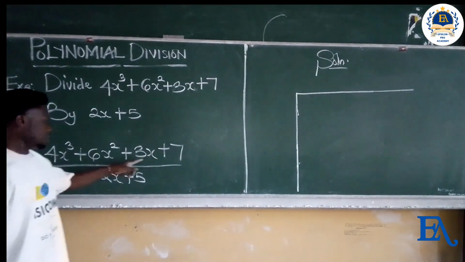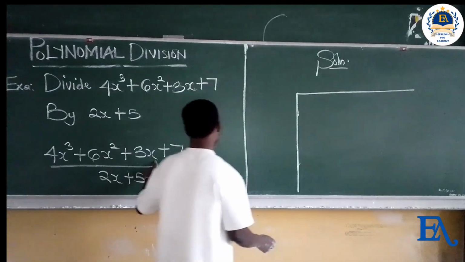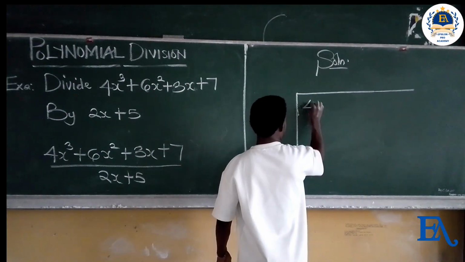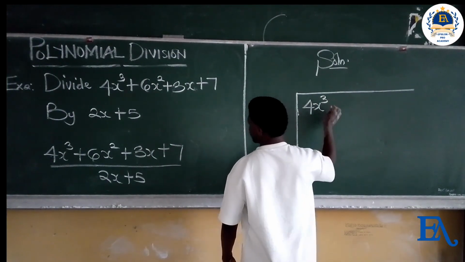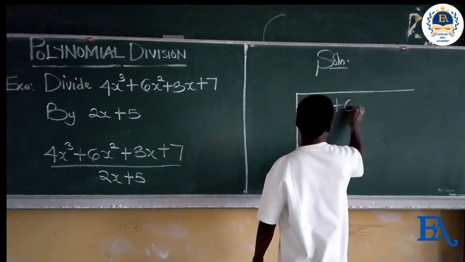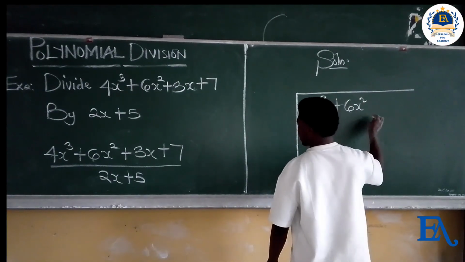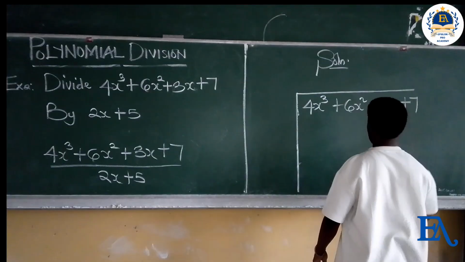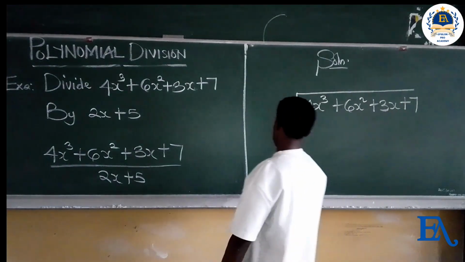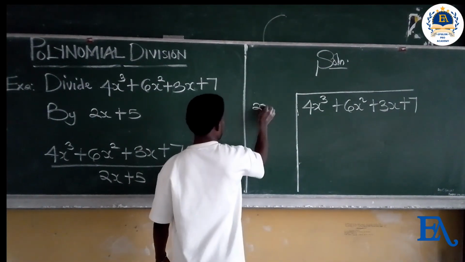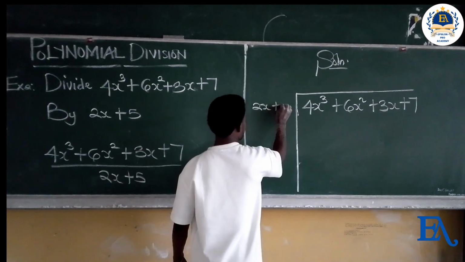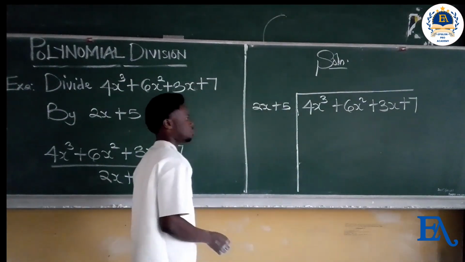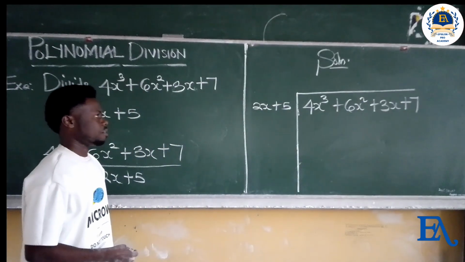So the dividend is written inside: 4x cubed plus 6x squared plus 3x plus 7. Whereas the divisor is written here: 2x plus 5.